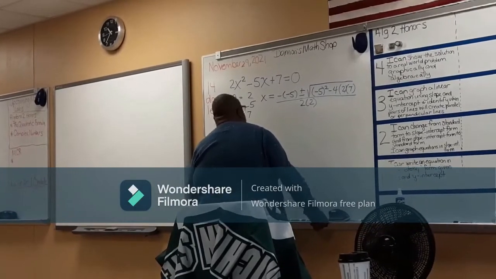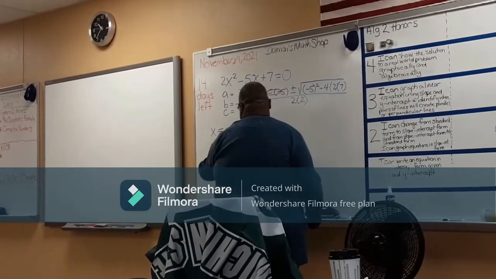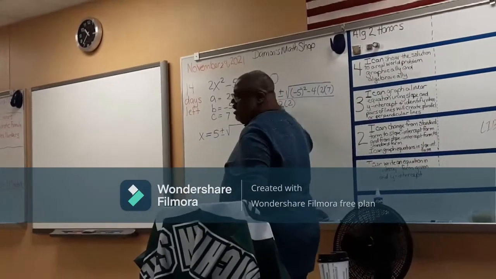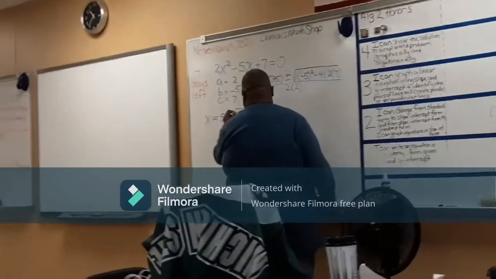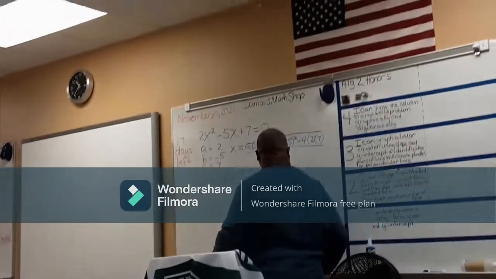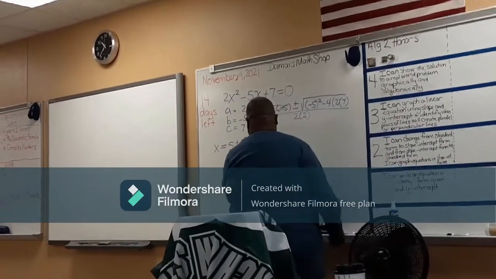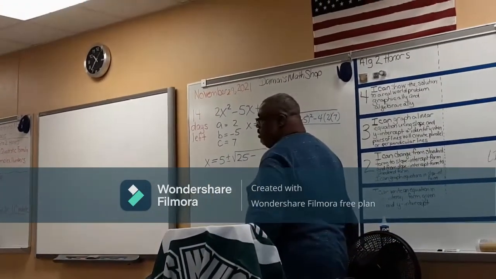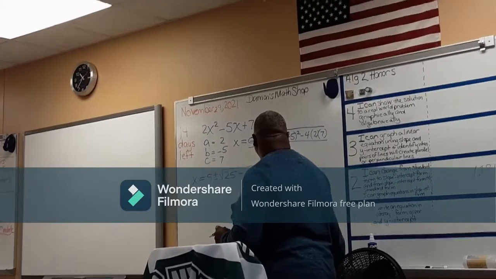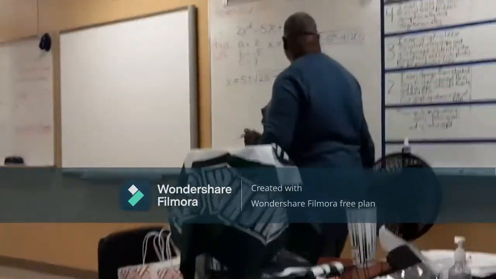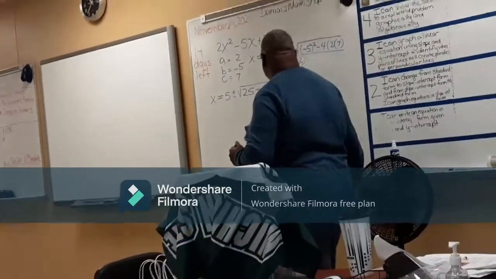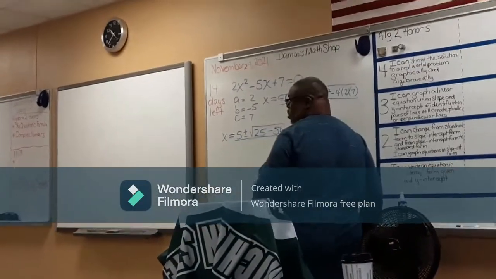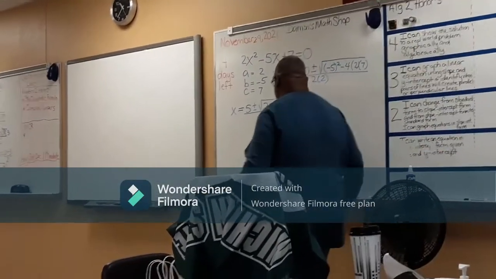X equals, 2 negatives go positive, so I got 5 plus minus square root of -5 squared, that's 25, minus 4 times 2 is 8, -8 times 7, that's -56, all over 4.